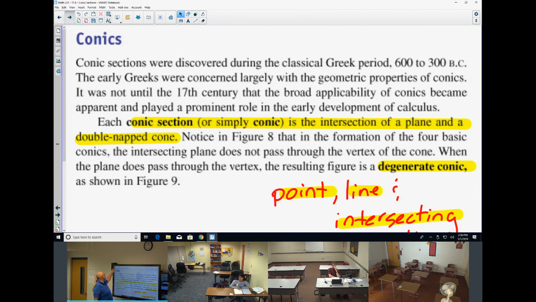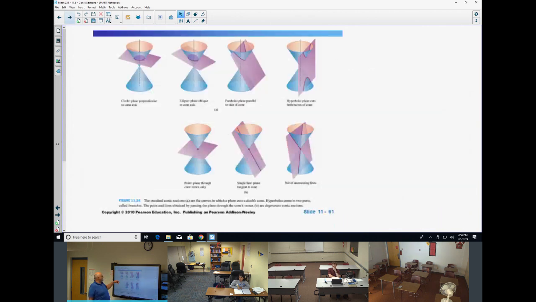So let me kind of show you what that looks like. The double napped cone, that means the two cones that are together point to point. And so if a plane intersects it parallel to the base, then that forms a circle.